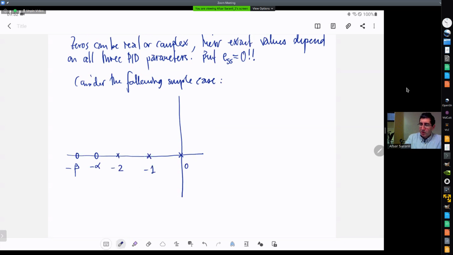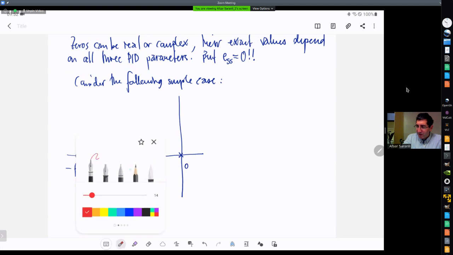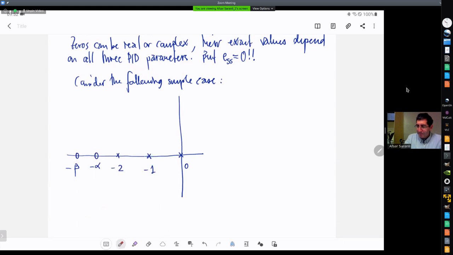Okay, so let's apply our root locus knowledge here. How many branches will we have? Well, we will have 3 branches. In terms of the asymptotes, because we have 3 poles and 2 zeros, the number of asymptotes is clearly n minus m, which is equal to 1.